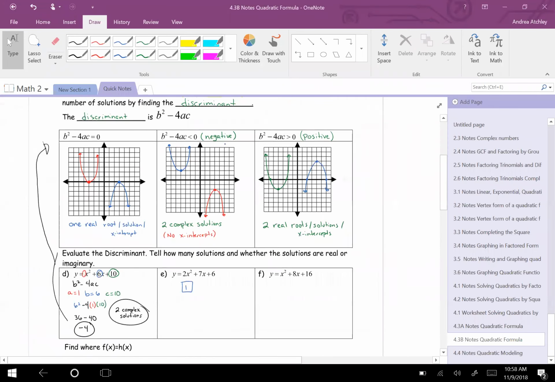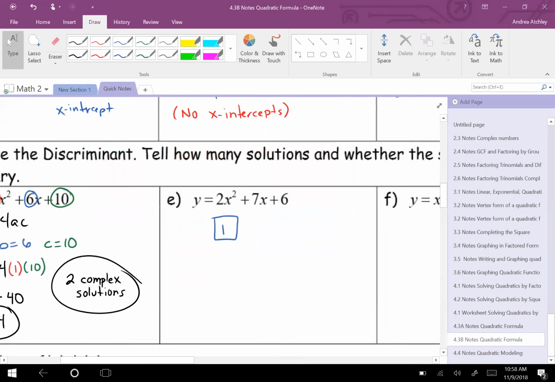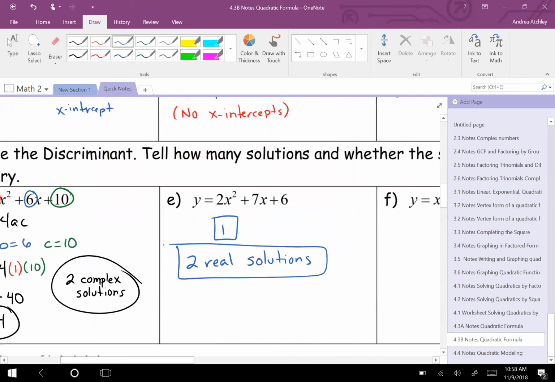Is 1 0, negative, or positive? It's positive. So that means there are 2 real roots. It also means my parabola is going to cross the x-axis twice.